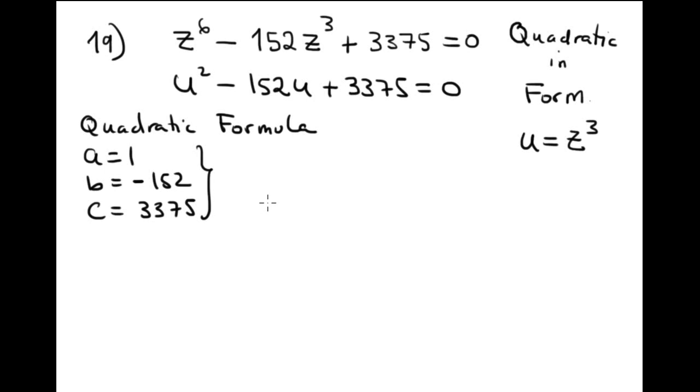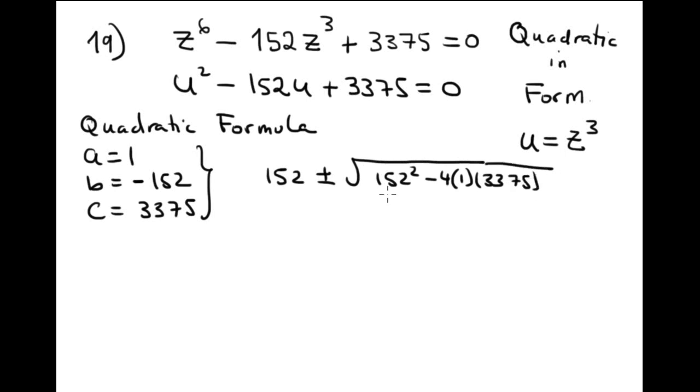Plugging into the quadratic formula: 152 plus or minus the square root of 152 squared minus 4 multiplied by 1 multiplied by 3,375, divided by 2 times 1.